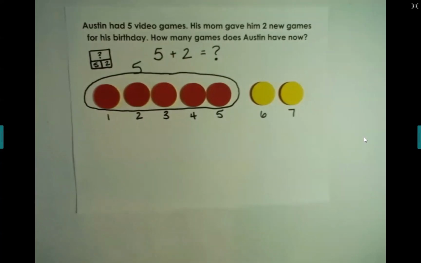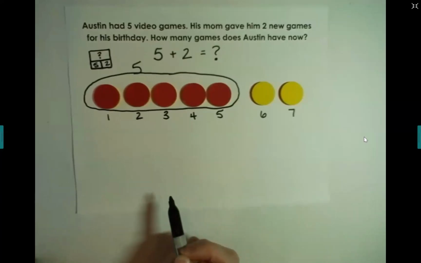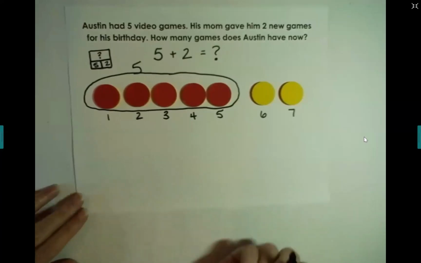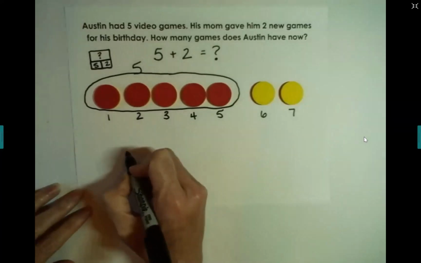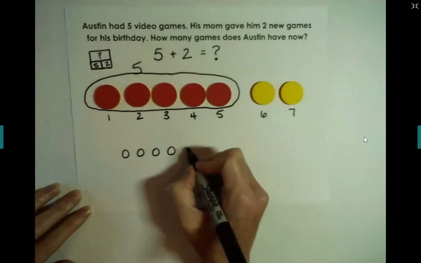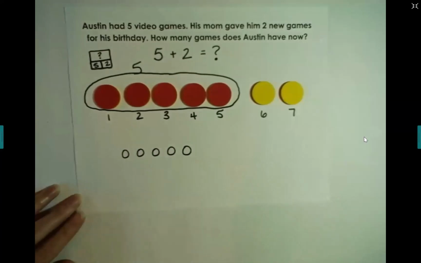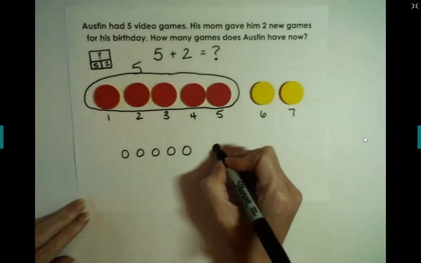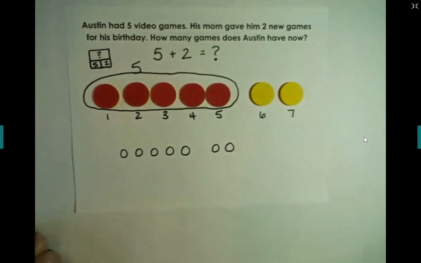Another way students might approach this problem is at the representational level. So they may choose to draw a picture to represent the 2 amounts in this word problem. So something simple like circles or dots, 1, 2, 3, 4, 5, the 5 video games that Austin had, and then drawing 2 more circles to represent the video games that his mother gave him for his birthday.